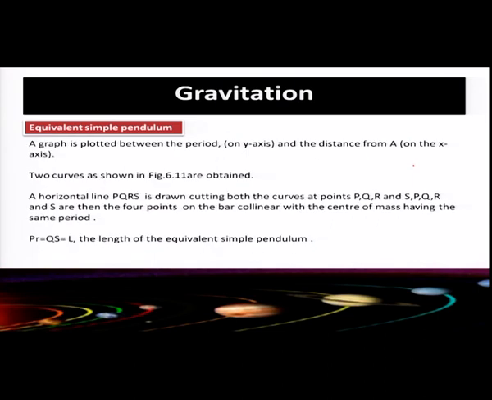So, you draw a graph by taking period along the y axis and the distance from A on the x axis, and you get two curves like this. This is a schematic representation of the two curves, and a horizontal line PQRS is drawn.